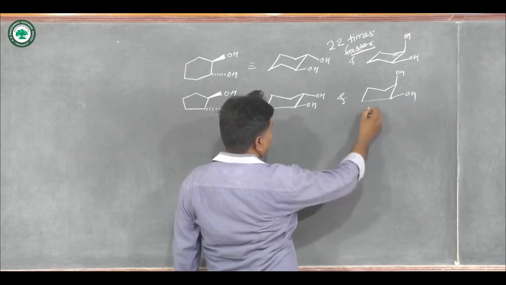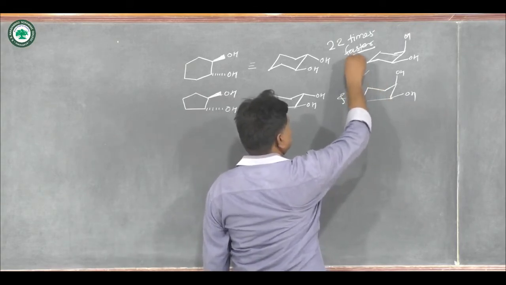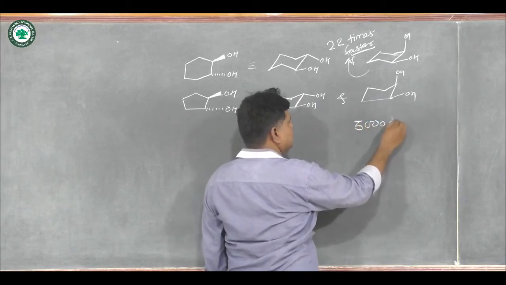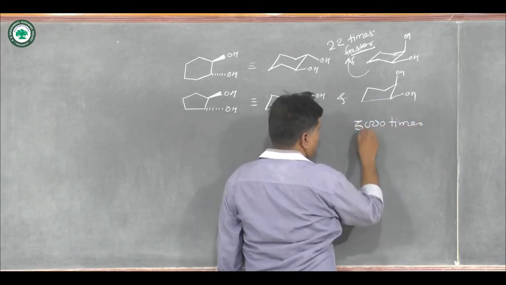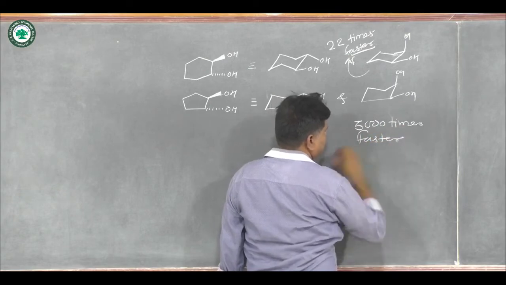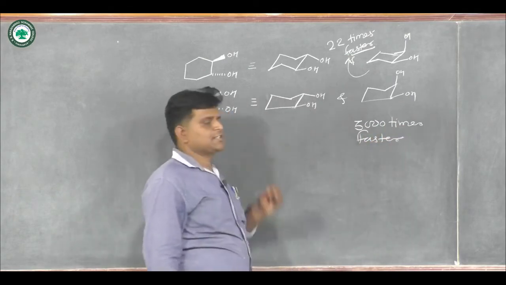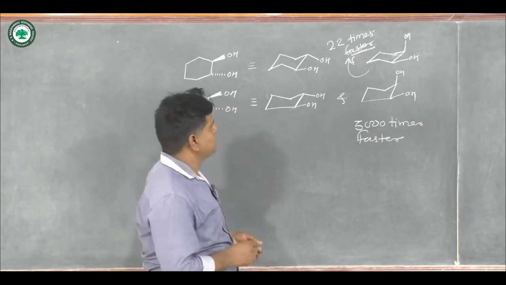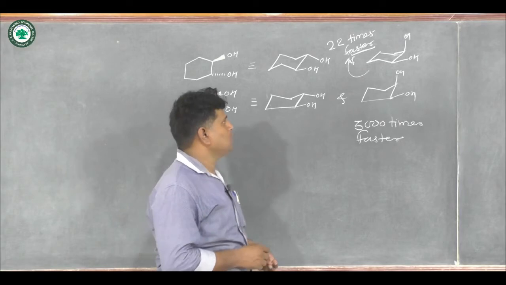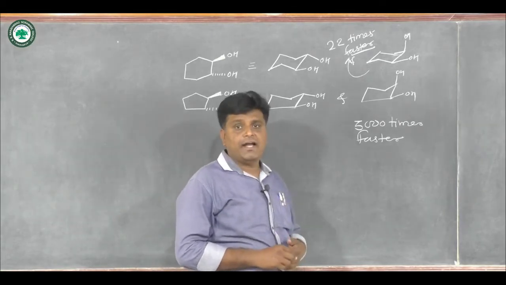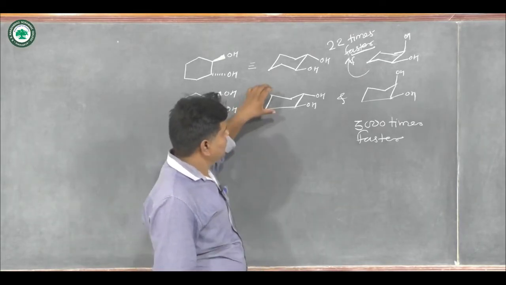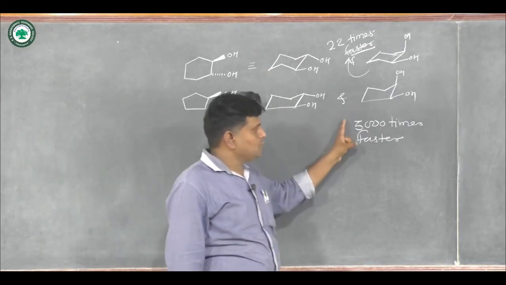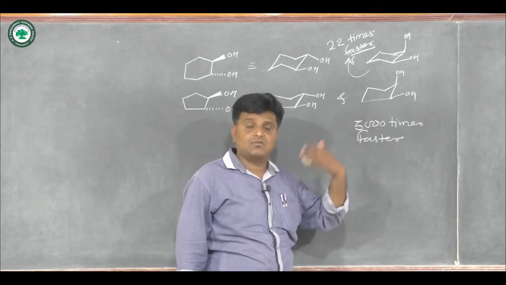and here this is 3,000 times faster than its corresponding trans isomer. Okay, so friends, now we have to explain why the rate of the cyclopentane 1,2-diol cis isomer is very fast, 3,000 times.